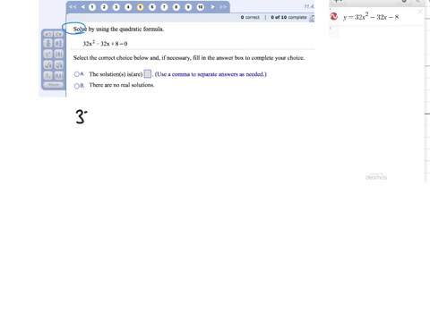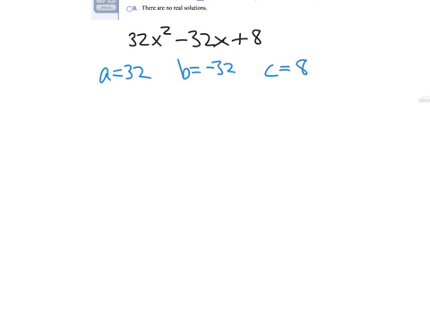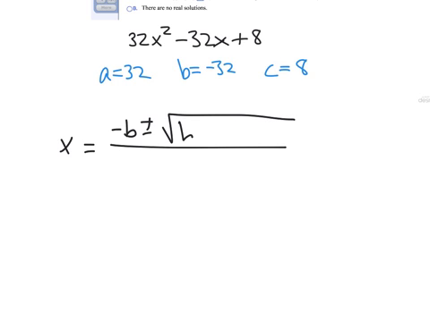So we've got 32x squared minus 32x plus 8. So a is equal to 32, b is equal to negative 32, and c is equal to 8. And so now our equation: x equals negative b plus or minus the square root of b squared minus 4ac, all over 2a.